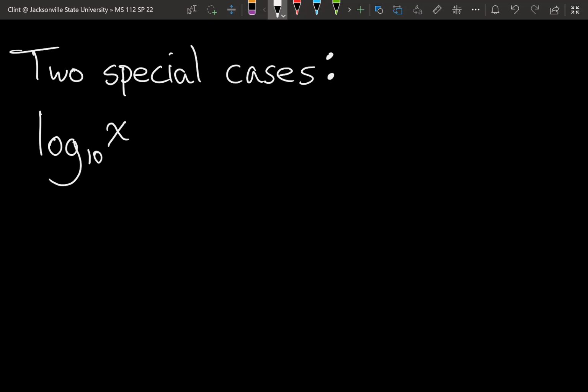You normally don't see it written that way. Normally the way you'll see that written is just log without a number down there. If you don't have the base written down there on the logarithm, that's implying it's base 10. Kind of like on square root, we don't write the 2 on the radical.